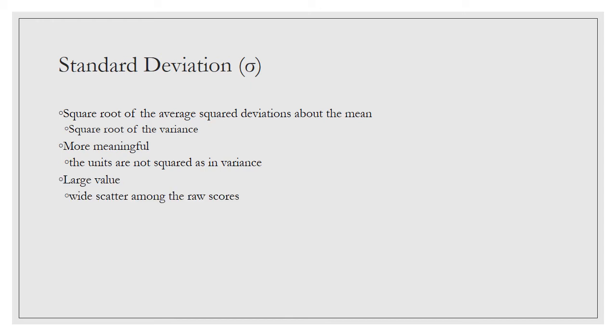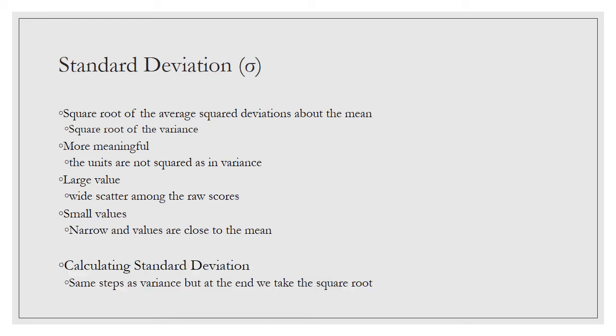Large values of the standard deviation just mean that there's wide scatter around the raw scores of the mean, so there's a lot of dispersion. We see a lot of scatter in our data. Whereas small values of a standard deviation mean that there's very narrow scatter, that those values are all pretty close to the mean.